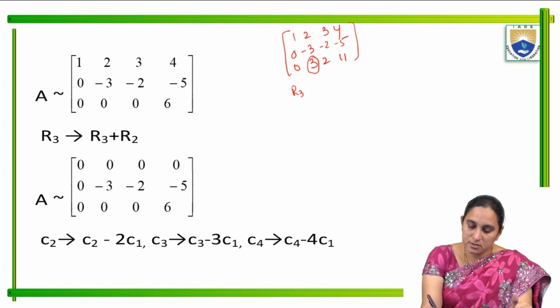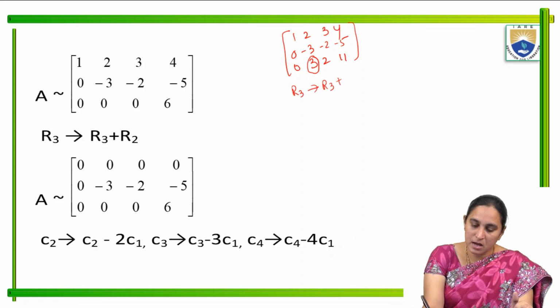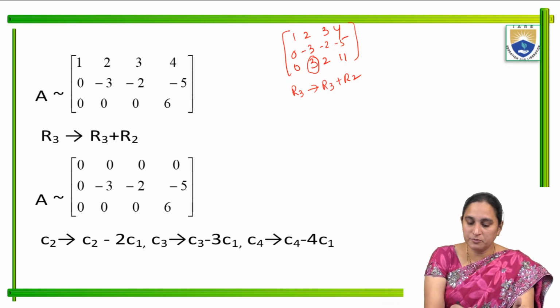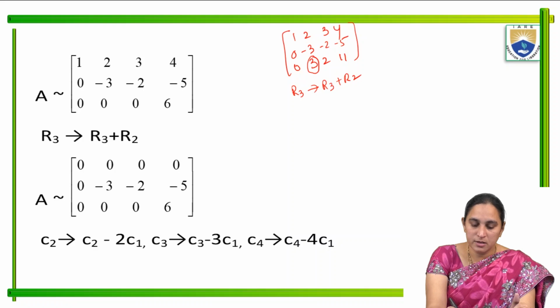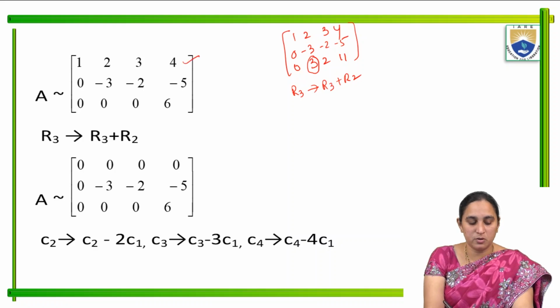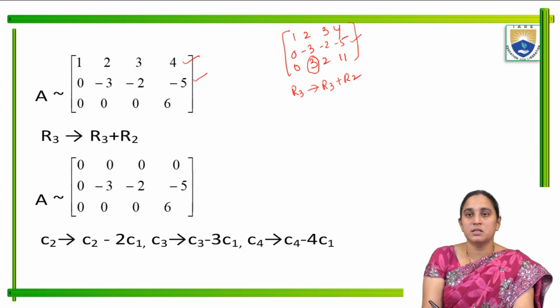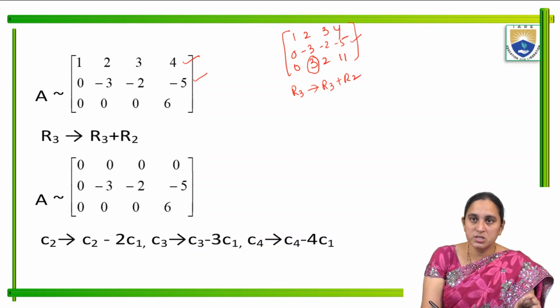Here R3 tends to R3 plus R2. After using that row operation, there are no changes in the first row, that is 1, 2, 3, 4, and no changes in the second row, that is 0, minus 3, minus 2 and minus 5. Now the changes are in R3 with respect to R2.